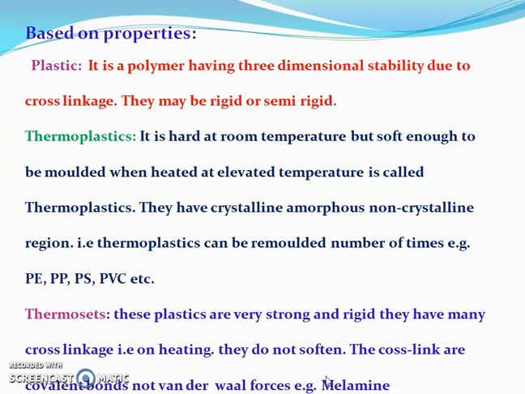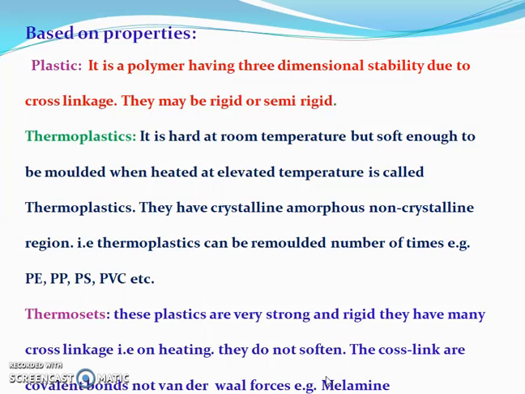Now the next classification can be done on the basis of their properties. Polymers are classified on the basis of their physical properties into different types. The first point we see is plastics. Plastics are polymers having three-dimensional stability due to cross-linkage.